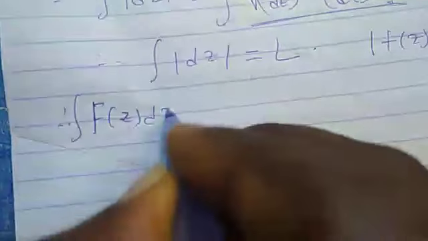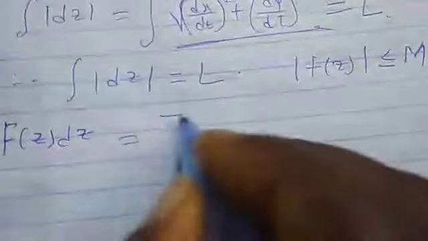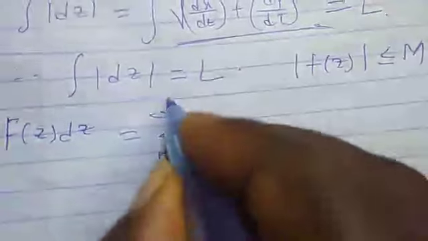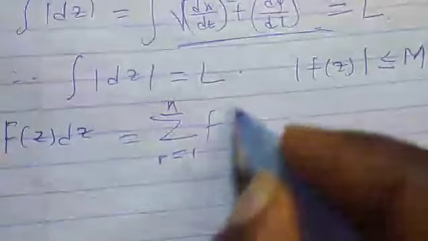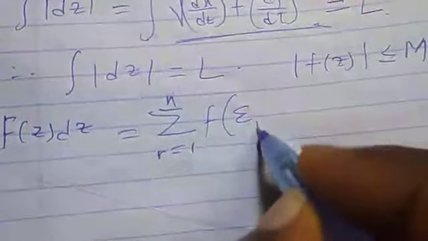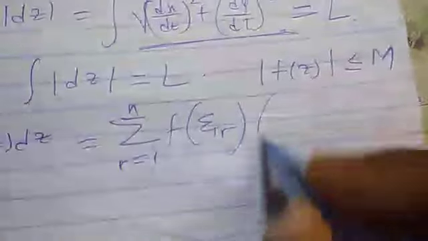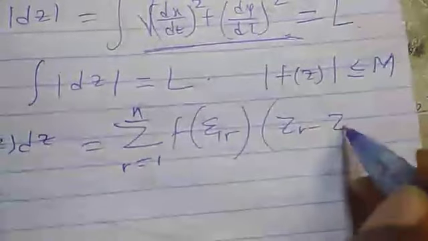Now, from the Riemann definition of a complex integral, we know that integral of f of z dz is equal to summation, r goes from 1 to n, of f of xi r times z r minus z r minus 1.